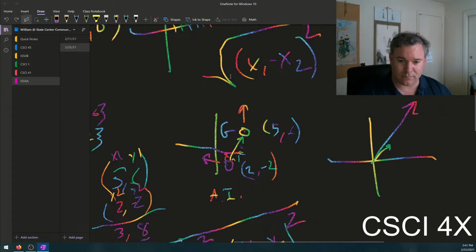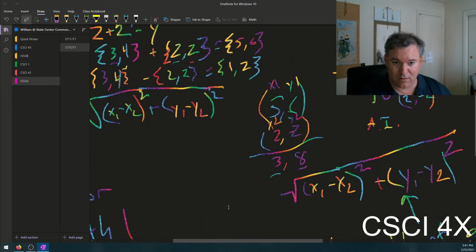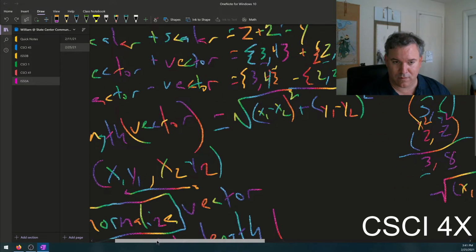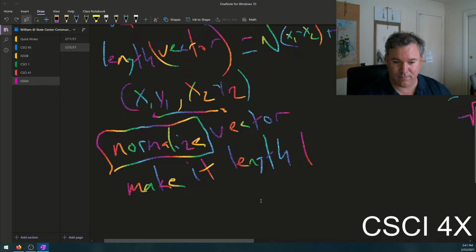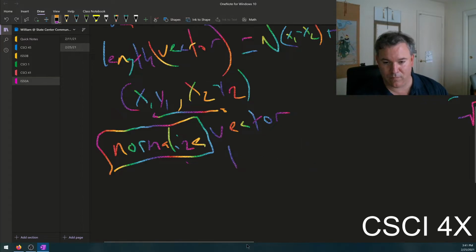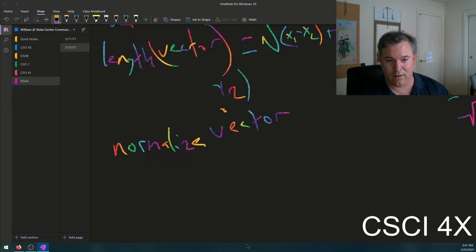Well, it's pretty easy. To normalize the vector means to make it of length 1. And in order to do that, we need to know how to do vector times scalar math.